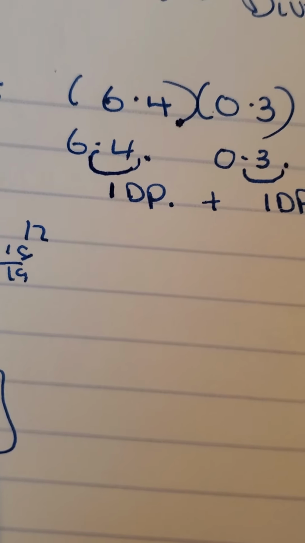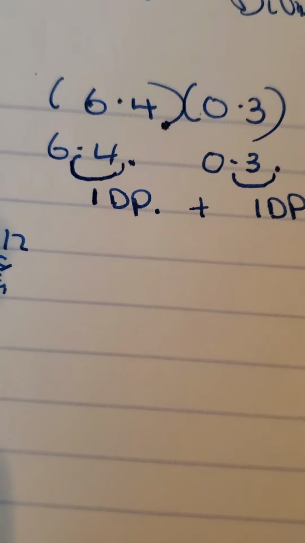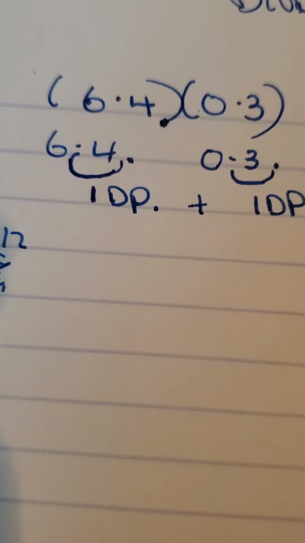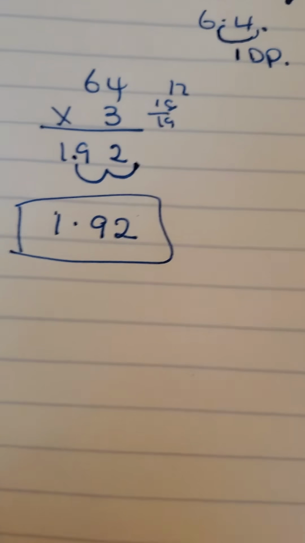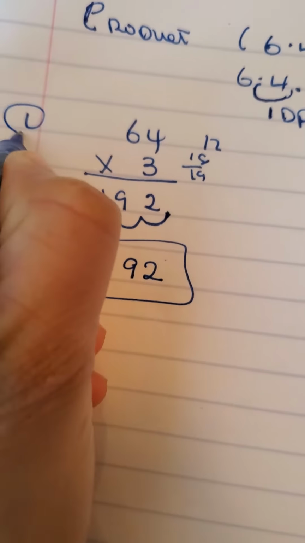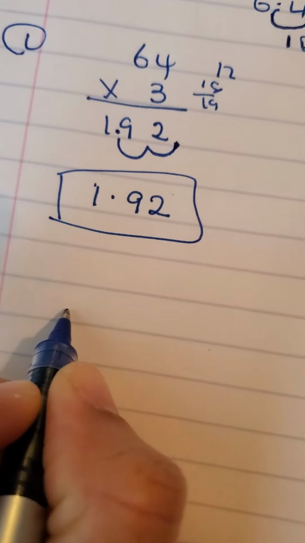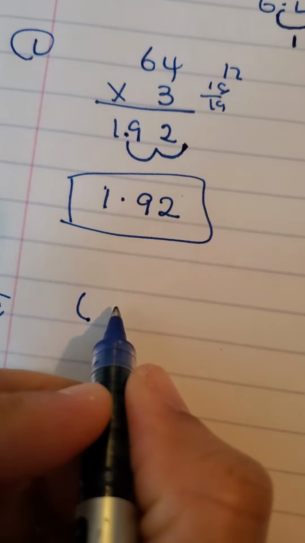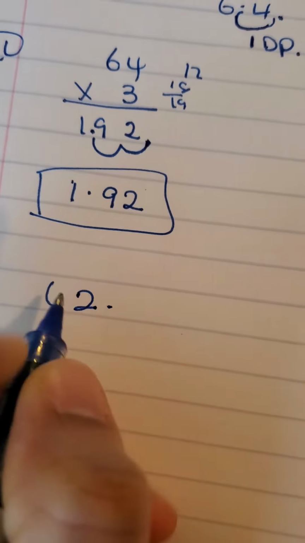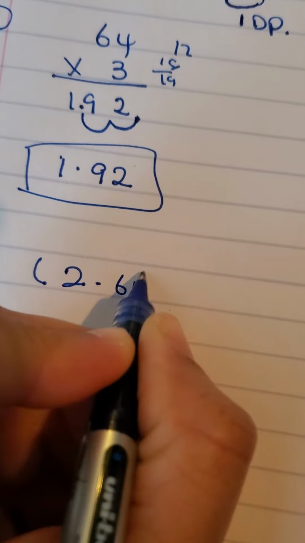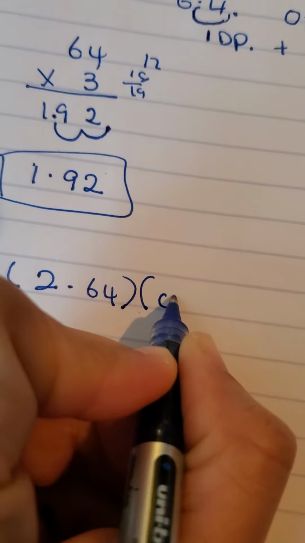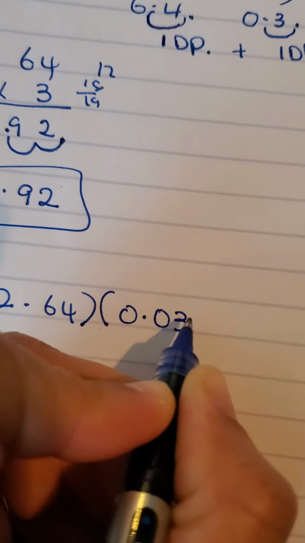Now, remember, the rules still apply, so let's do a bigger one. Let's do one more. This was number 1 in your text. Let's try number 4. Number 4 wants you to find the product of 2 and 64 hundredths times 3 hundredths, right?